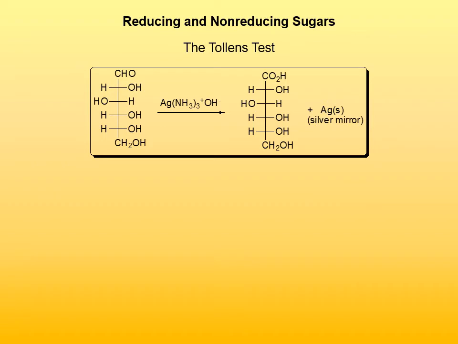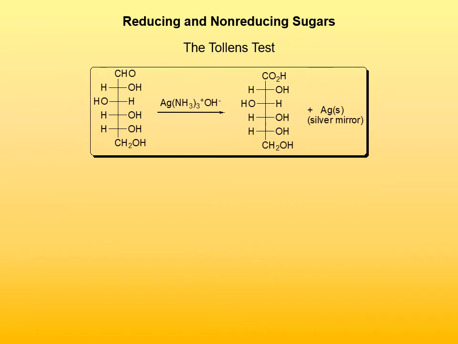It's a very mild oxidizing agent, and it oxidizes aldehydes to the corresponding carboxylic acids. But it is so mild that it leaves hydroxyl groups, alcohols, unaffected. And the reaction is shown here. So in the presence of Tollens reagent, a monosaccharide aldose is oxidized to the corresponding carboxylic acid.